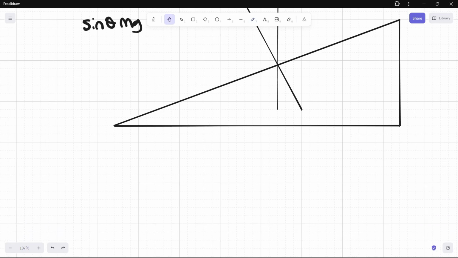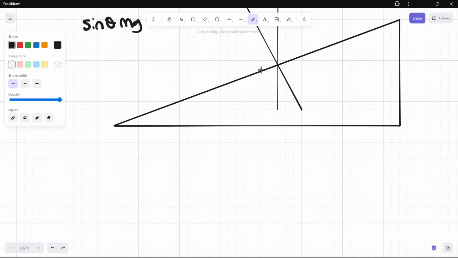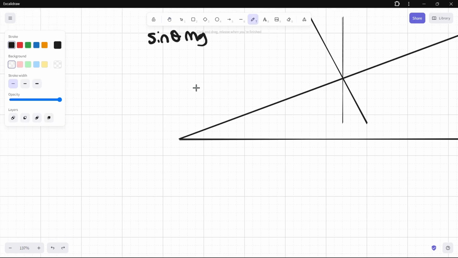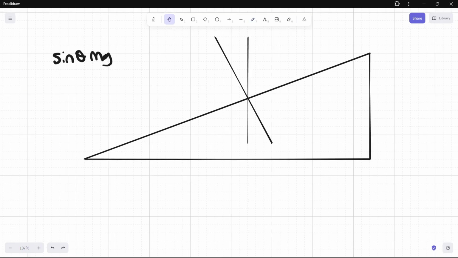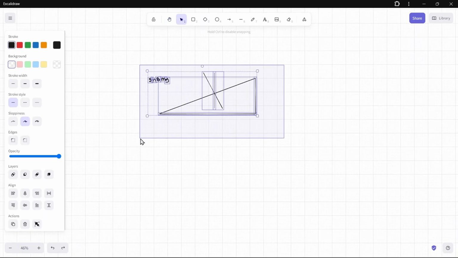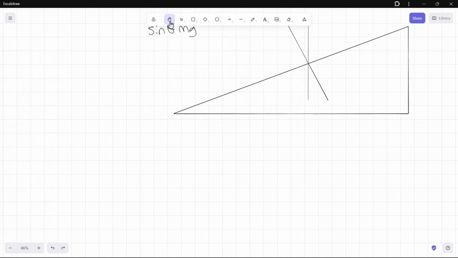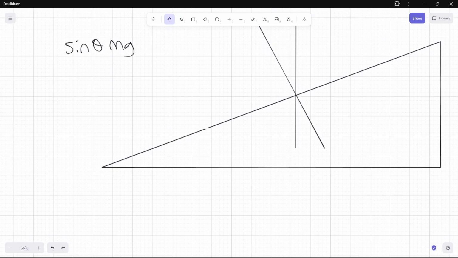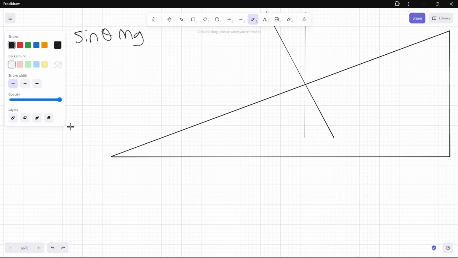So when we calculate this, we are given this angle. Let me make this bigger, so I can have better stroke width.